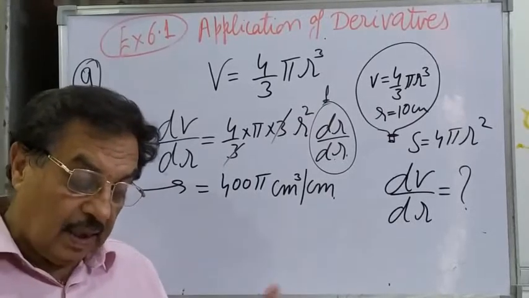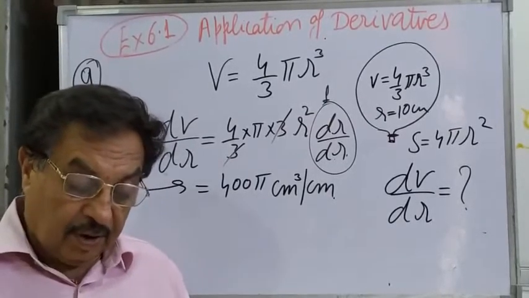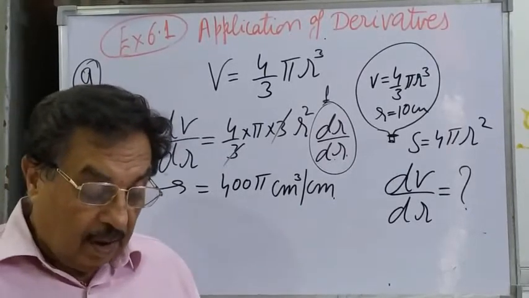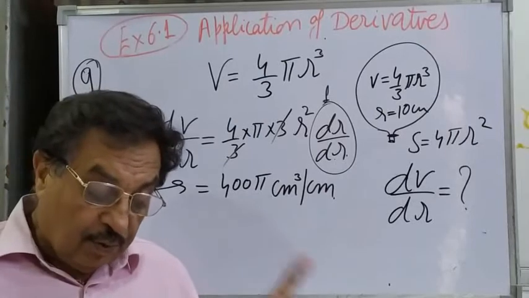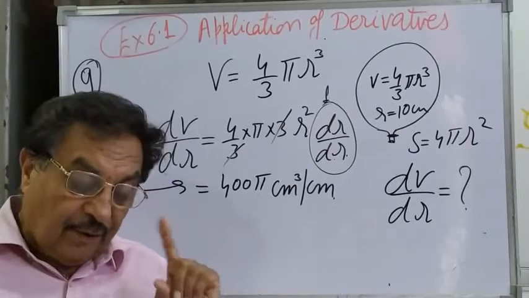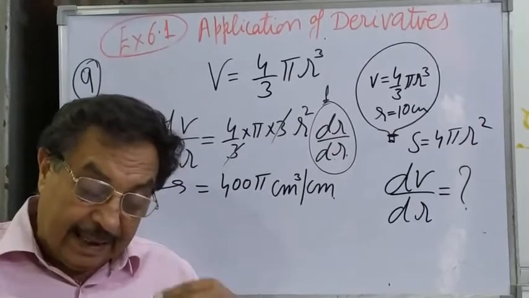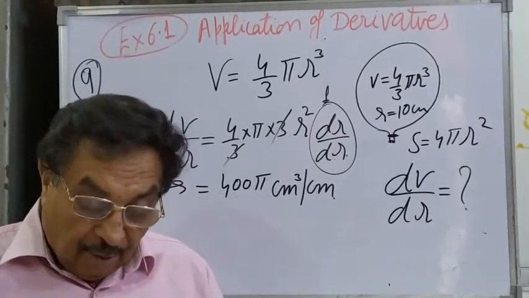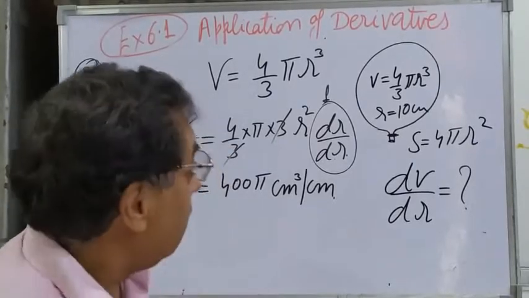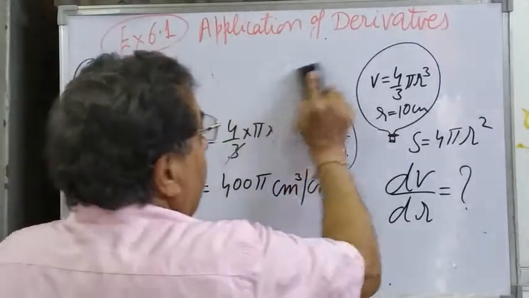A particle moves along a curve, the equation of the curve is given, and we have to find those points on the curve where the y coordinate is changing 8 times faster than the x coordinate.